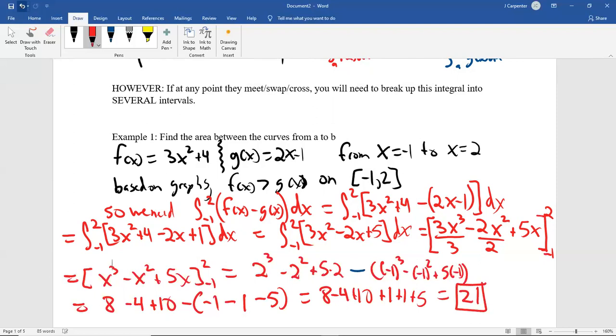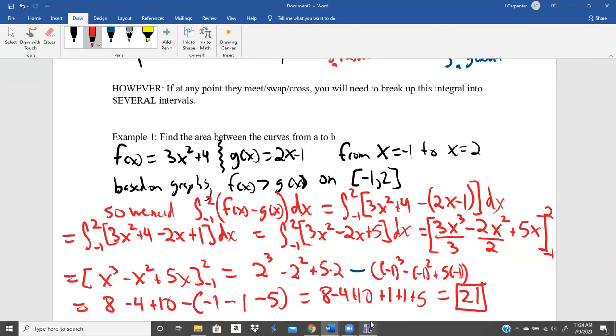I had to check my arithmetic there for a second. I was rushing. Almost made a mistake. So the area between those two curves is 21.